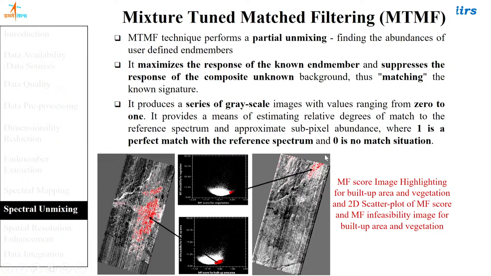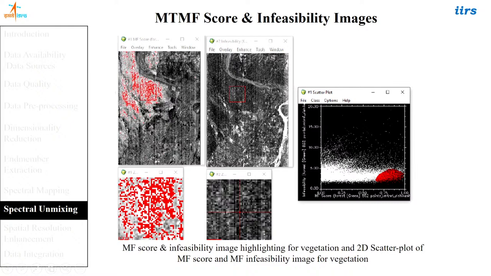In this case also, whatever vegetation feature we wanted to highlight is coming here. You can see another example, this is your MTMF score and infeasibility image of your vegetation. Wherever vegetation is highlighted, the other features appear in the infeasibility image.